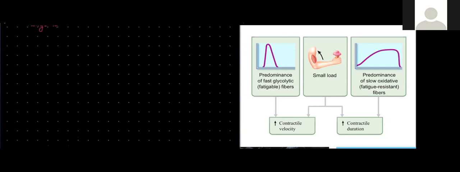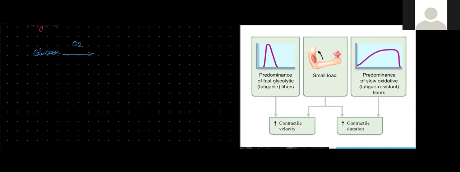Remember, two ways by which we did break down the glucose. We did break down the glucose either in the presence of oxygen or without oxygen. Here, which one was faster? Which one was the one that you're going to be using to generate energy in a sprint, with oxygen or without oxygen?